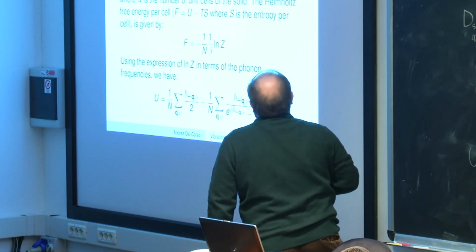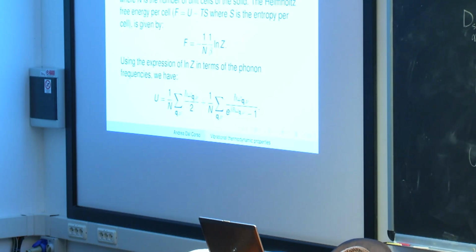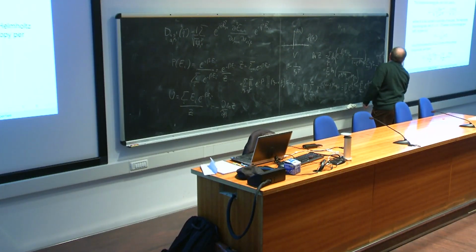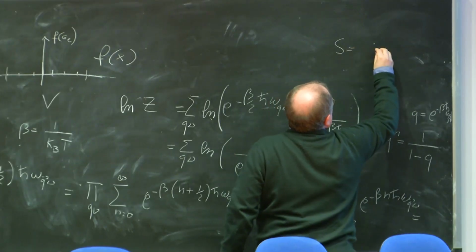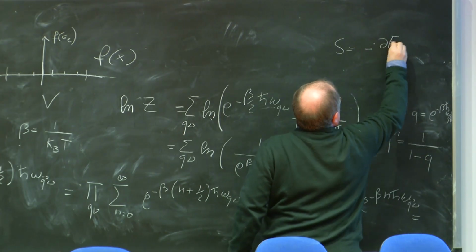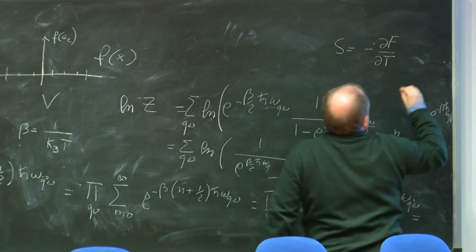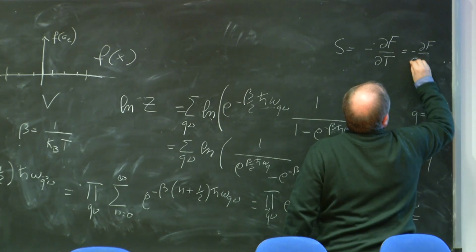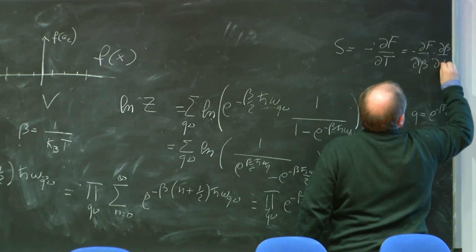For instance, you can also say that the entropy is defined as minus dF over dT. So it is minus dF over d beta multiplied by d beta over dT.